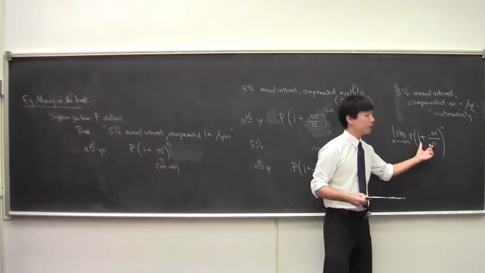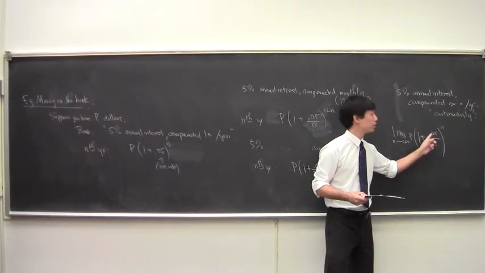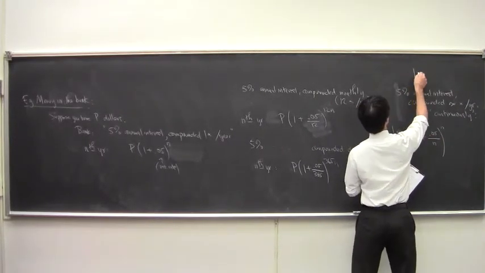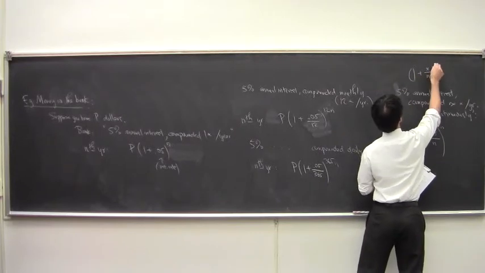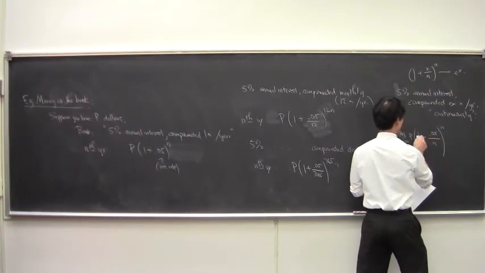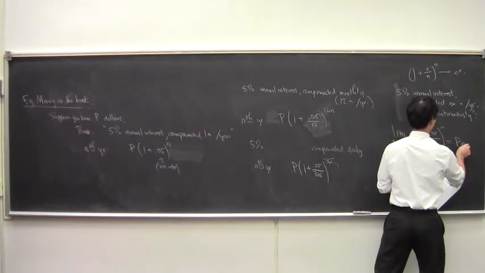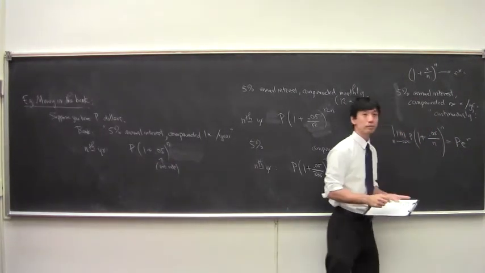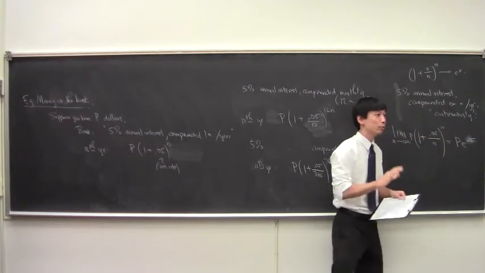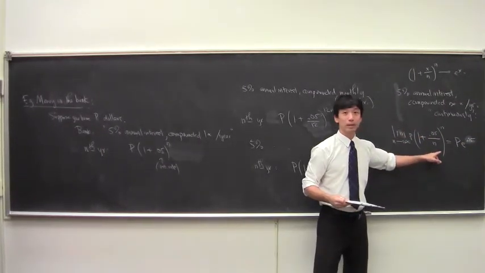So this is e to the 0.05, right? We just said that: the limit of (1 plus x over n) to the n goes to e to the x. So this thing is going to turn into P times e to the 0.05. And that's 1 year.